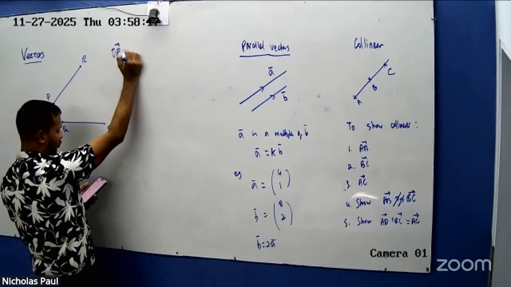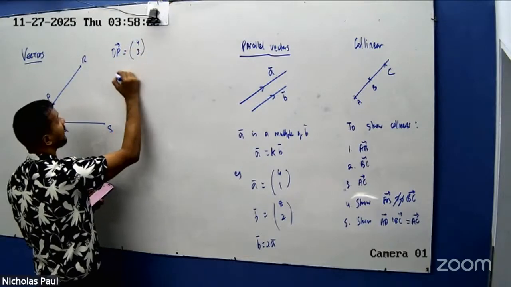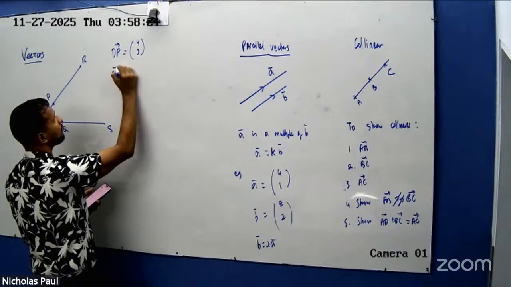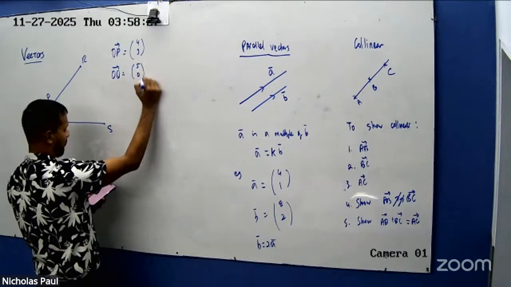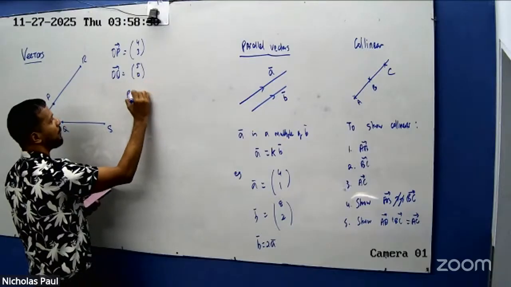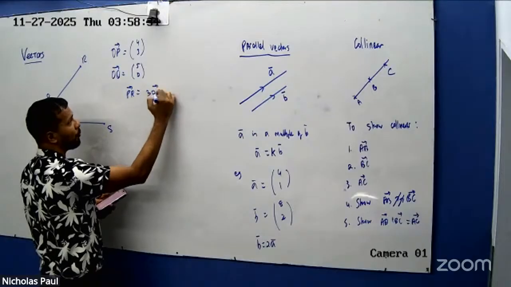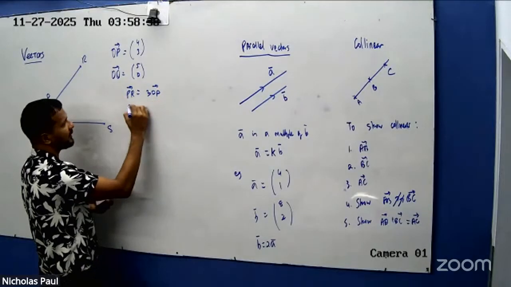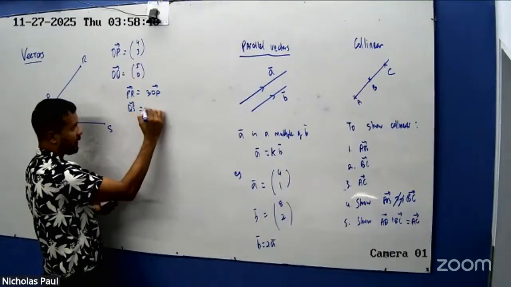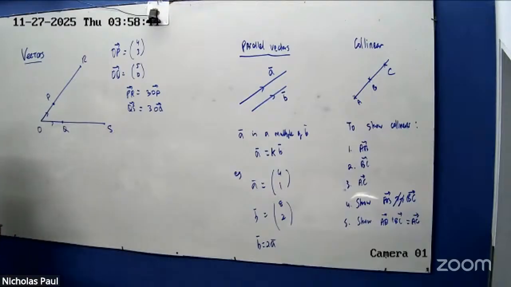They said OP is 4,3 and OQ is 5,0. They also said PR is equal to 3 OP. And they said QS is equal to 3 OQ. All right, ready? Right.